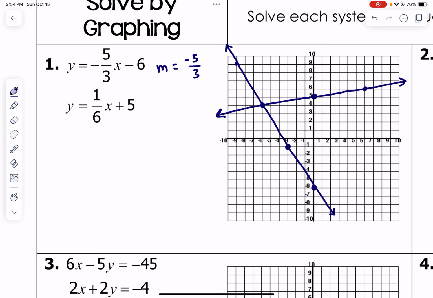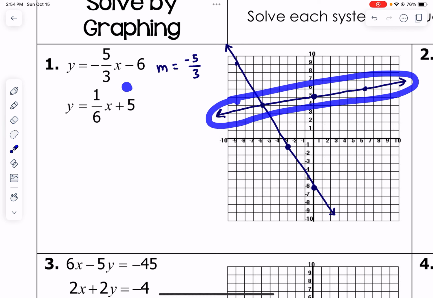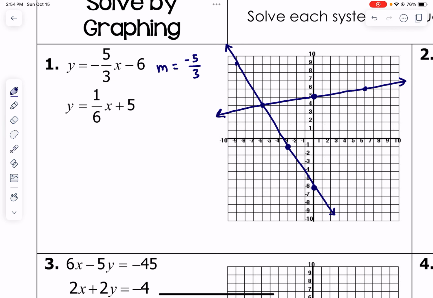So this right here, this line is the graph of this equation. And notice that they both meet. These two equations, they both intersect at that point. And we want to figure out what that point is graphically.